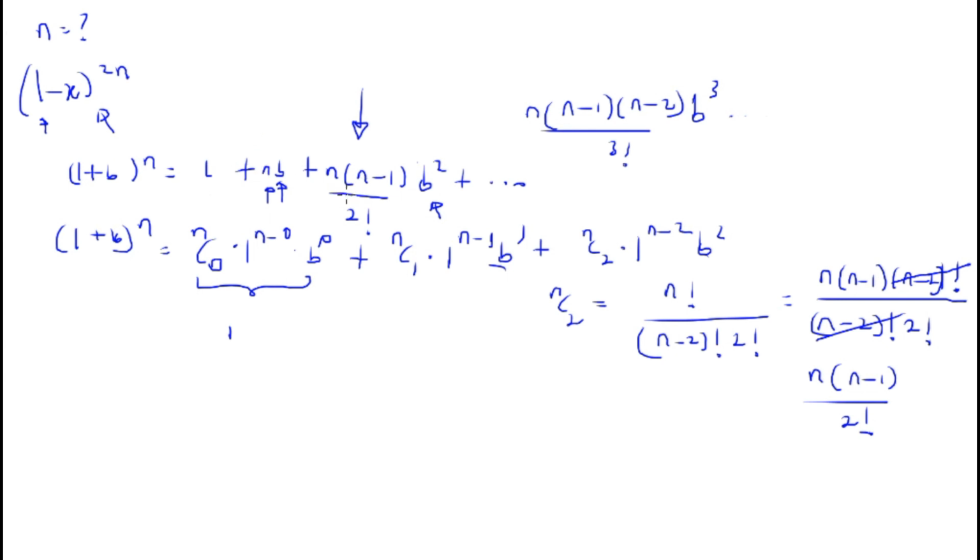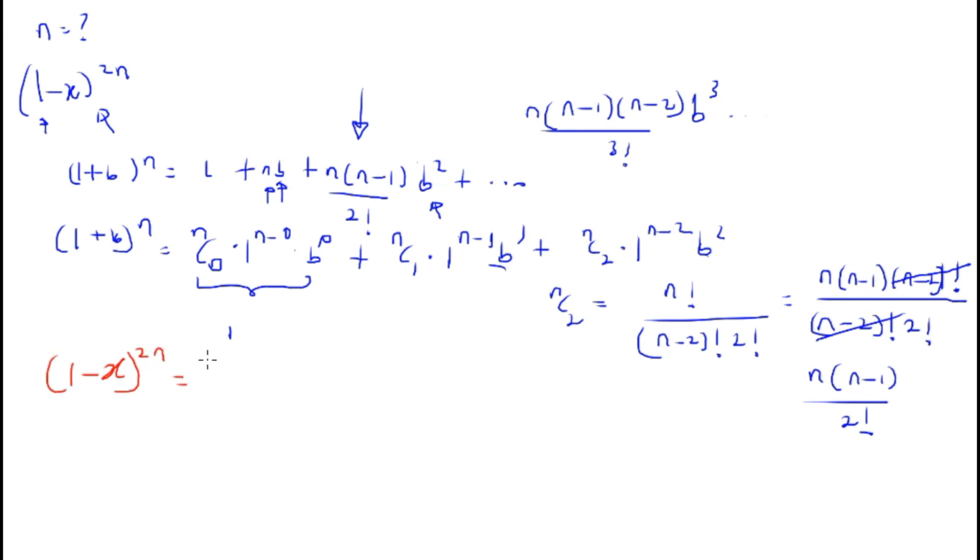So the question says, what is n if the coefficient of the third term in this expansion is equal to 0? So let's have the expansion (1 - x)^(2n).